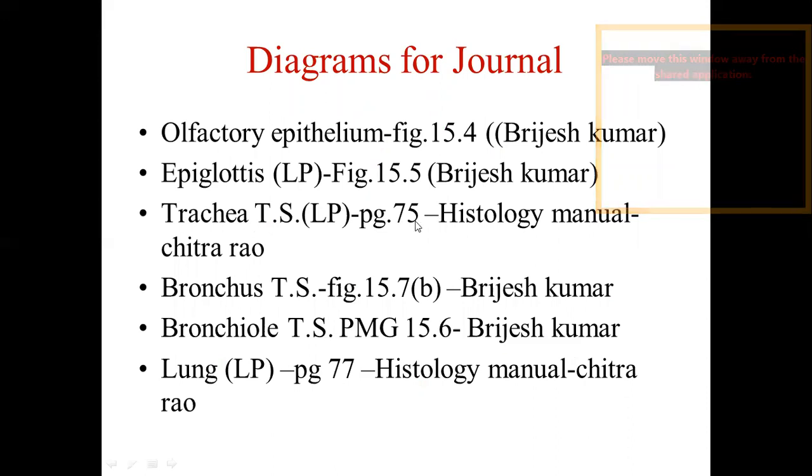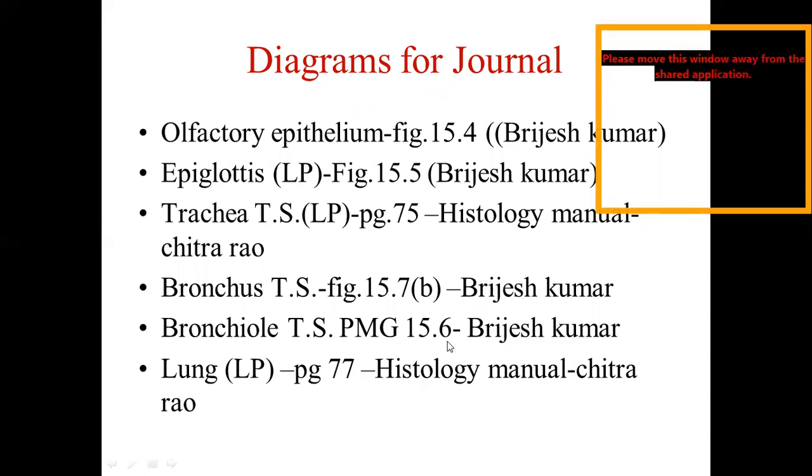Then trachea, page 75 of histology manual book, Chitra Rao. Bronchus TS, figure 15.7 B from Brijesh Kumar book. Bronchiole, PMG, figure 15.6 from Brijesh Kumar book. And for lung low power, page 77 of histology manual.